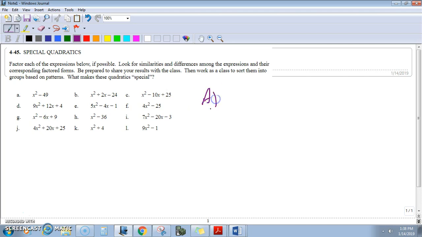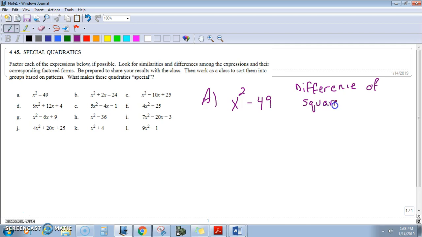we have A, x squared minus 49. So if you don't have this in your notes, put this in here. Remember, there is a rule for this one, and it's called the difference, as in subtraction, of squares, as in perfect squares.